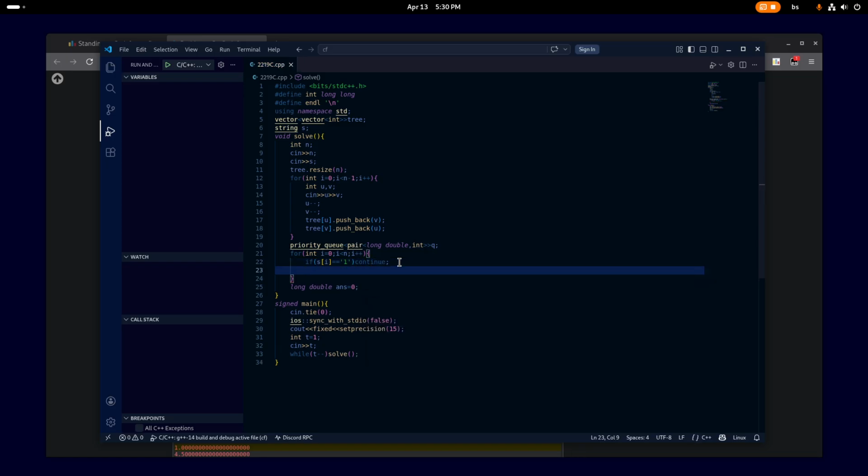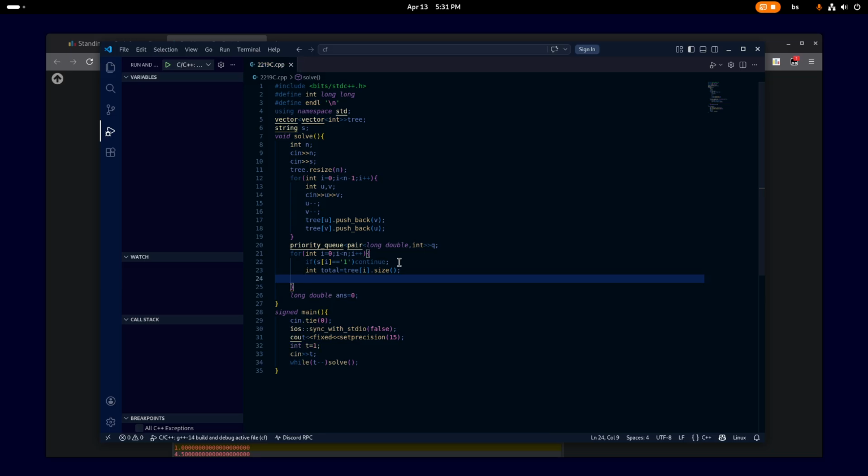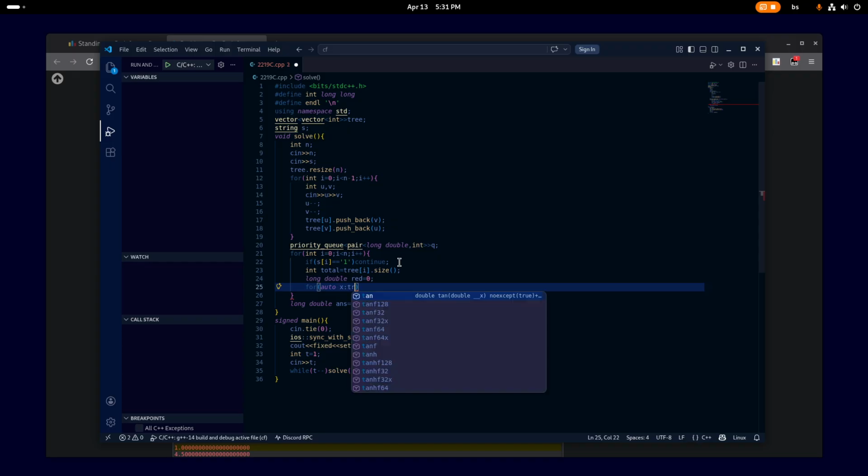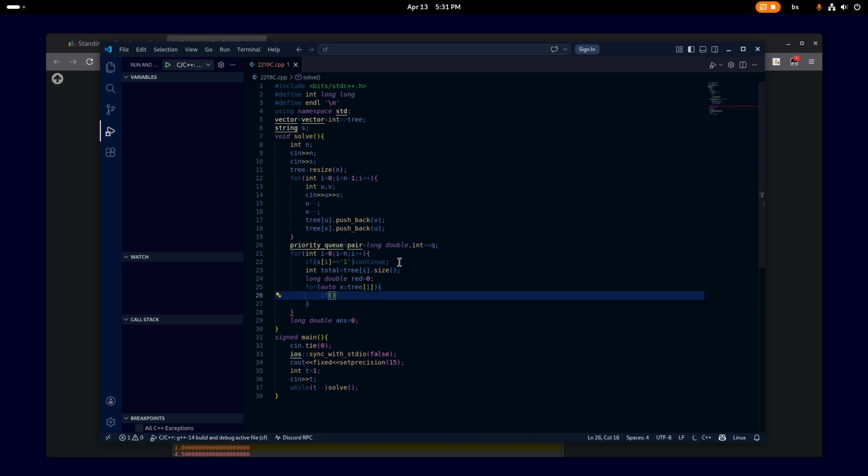Okay, now if it's black, actually I don't like priority queue, I'll take set instead.